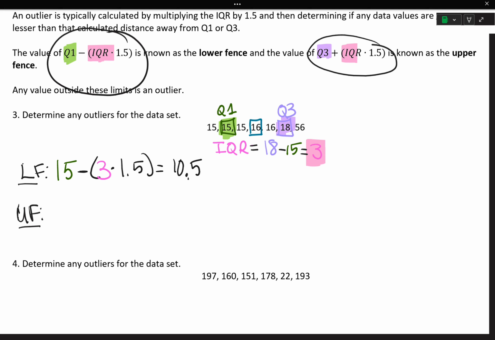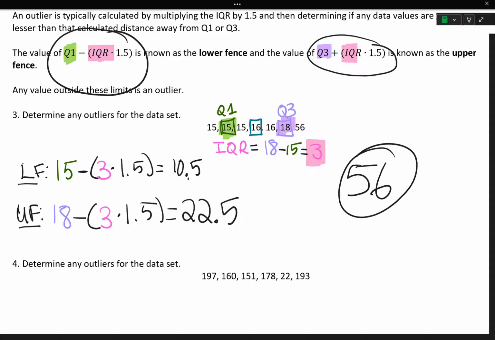Well, Q3 is 18 plus the IQR, which is 3, times 1.5. When I plugged that into my calculator, I got, let me double check, yes, 22.5. Are there any numbers on our list that are larger than 22.5? Yes, it's 56.